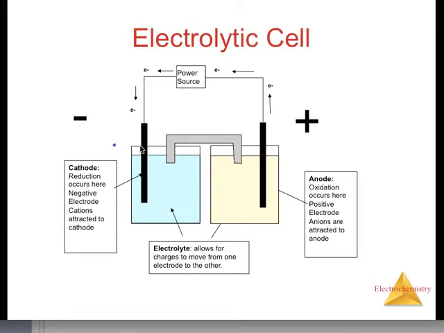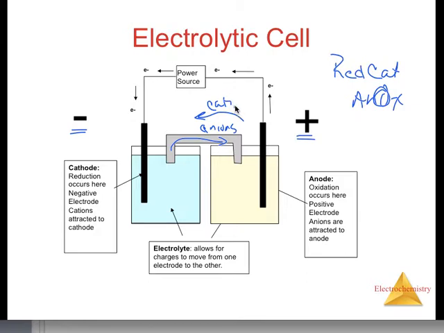At the cathode, reduction occurs, but the sign does change. But red cat and an ox still apply. Again, the electrolyte anions flow this way, cations flow that way to complete the circuit.